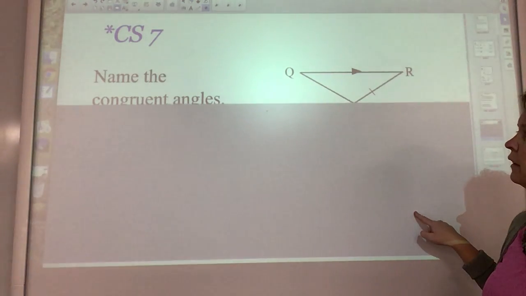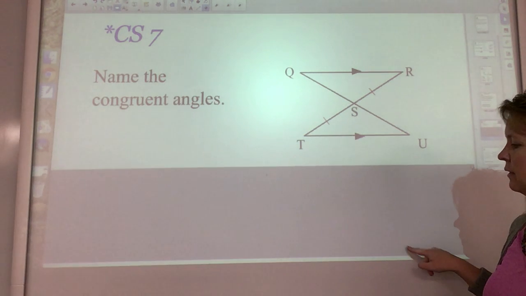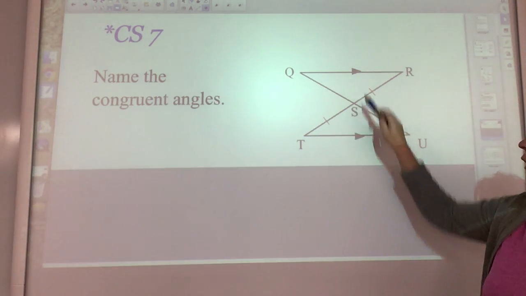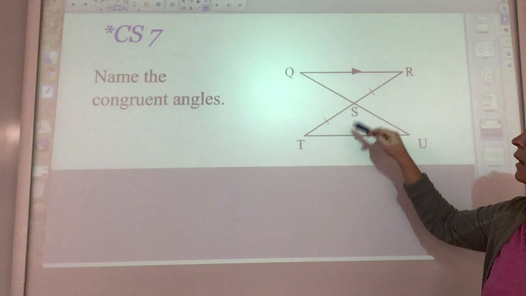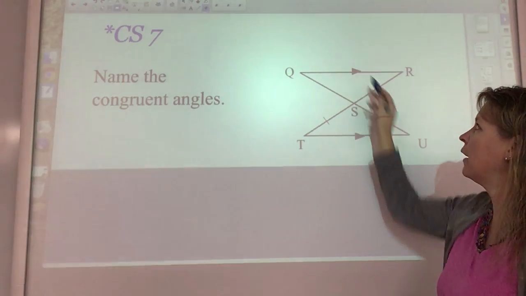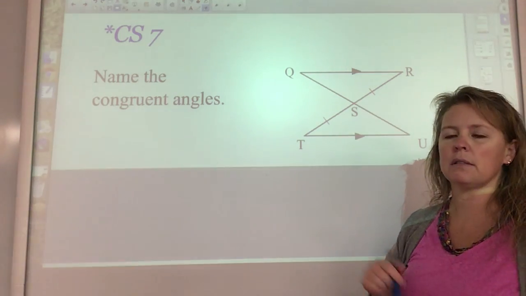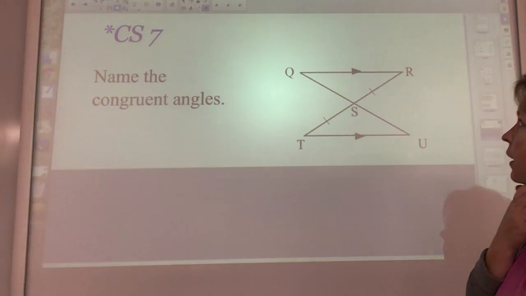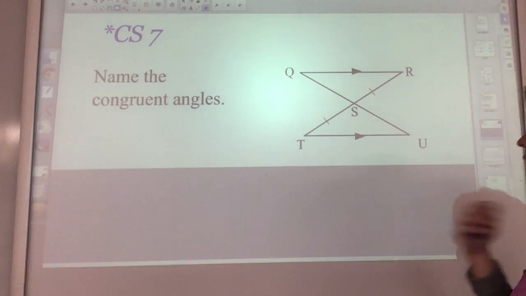Cheat sheet 7. So if you had a diagram like this, friendly reminder that those are parallel markings. It doesn't have to say it in the given information. If you have parallel markings, then you automatically know the segments are parallel. Name the congruent angles.